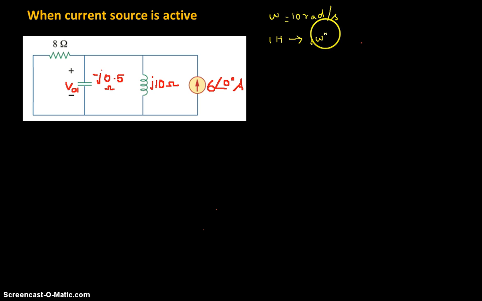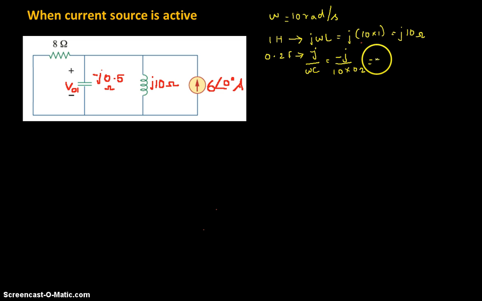The formula for the inductor is j omega L, which is j into 10 into 1, so j10 ohms. Similarly for the capacitor, 0.2 farad, minus j by omega C, which is minus j by 10 into 0.2, minus j0.5 ohms. Accordingly their values are changed over here, so the entire circuit is in frequency domain.